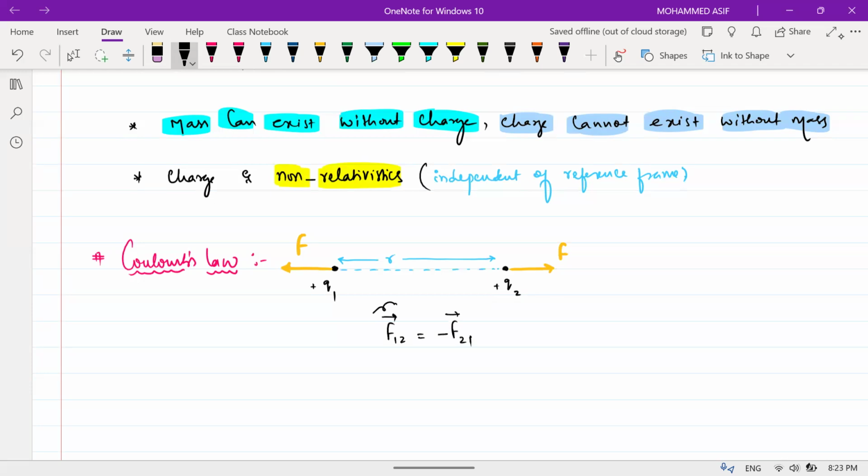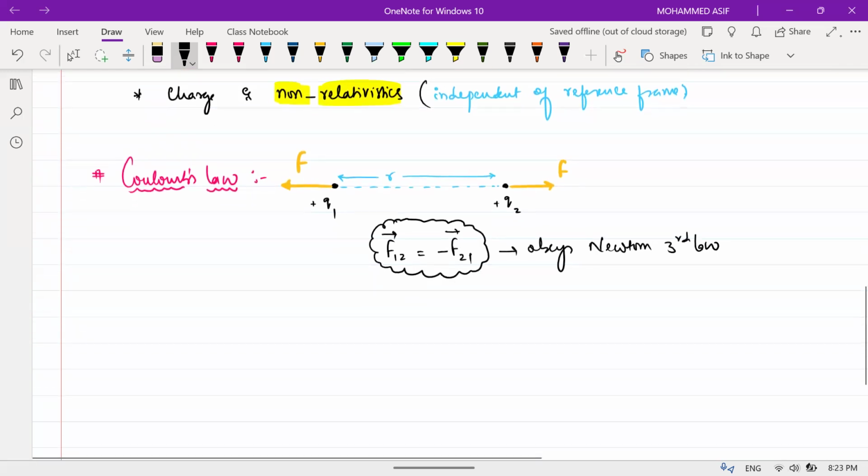That means it is obeying Newton's third law: for every action, there is an equal and opposite reaction. If Q1 is exerting a certain amount of force on Q2, Q2 in turn will exert the same amount of force on Q1. Am I clear?